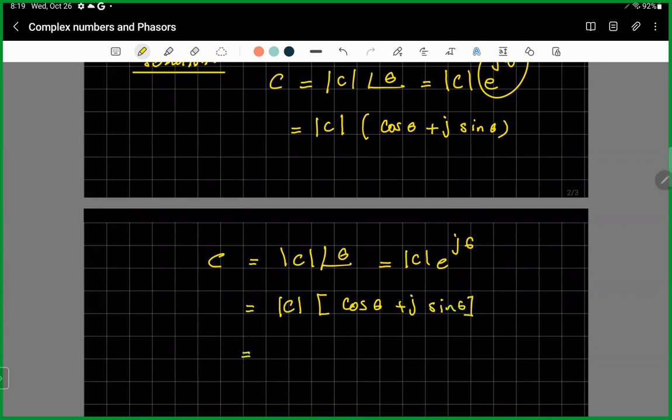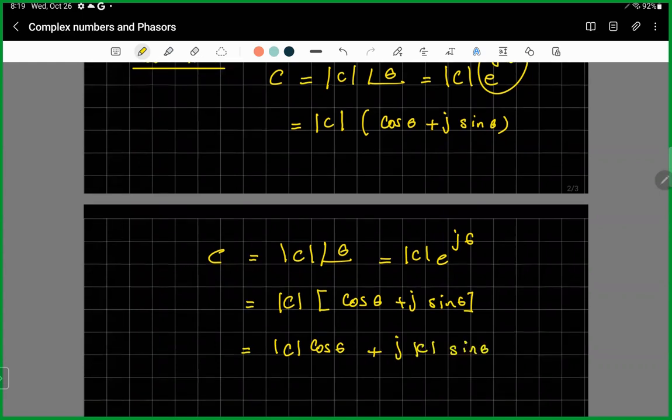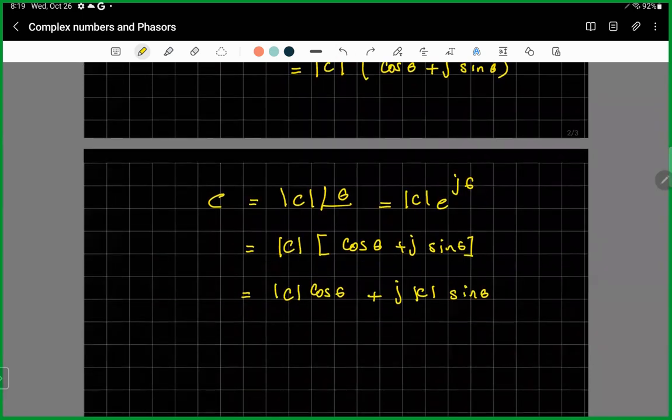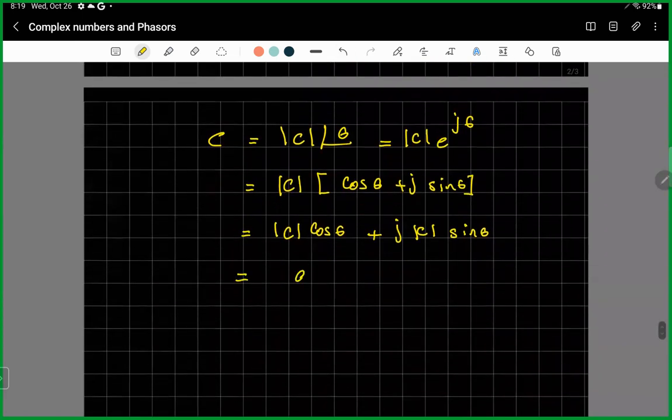So if you multiply, you have C times cosine theta plus j times C times sine theta. I distribute C, multiplying one time by cosine and one time by sine. As you know, C is equal to A plus jB. That's what we started with, right? So if you compare, that's your A and that's your B. So your A is equal to C cosine theta, and B is equal to the magnitude C times sine theta.